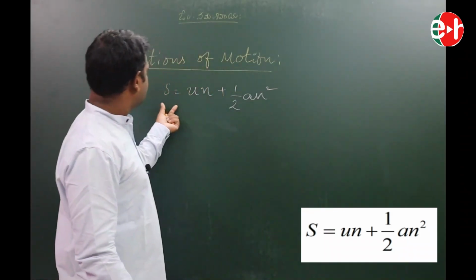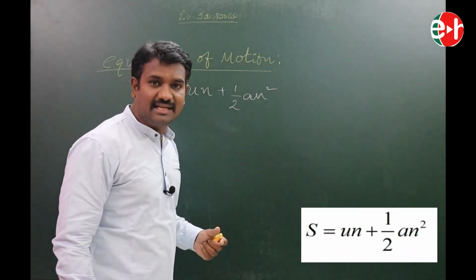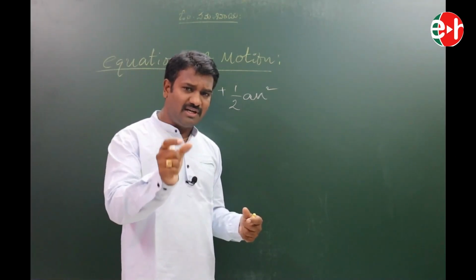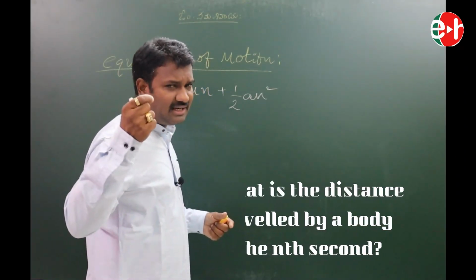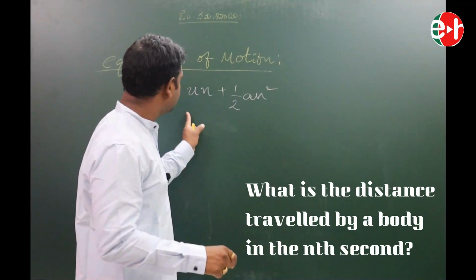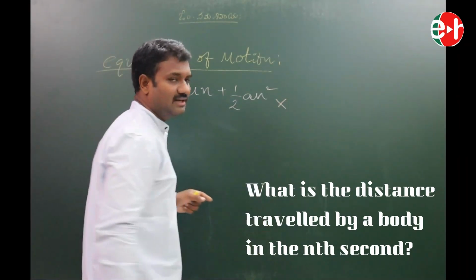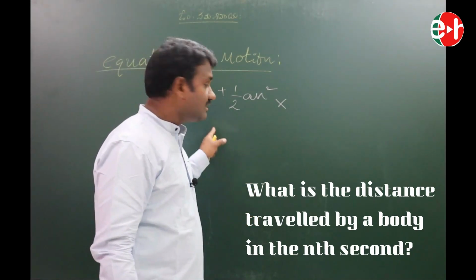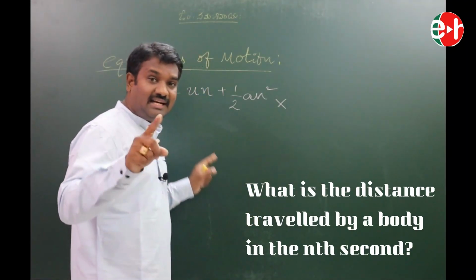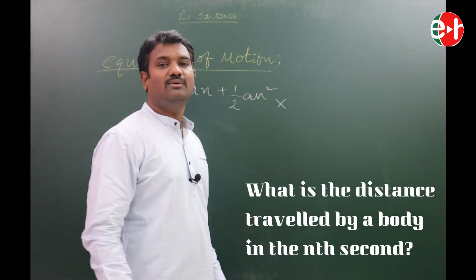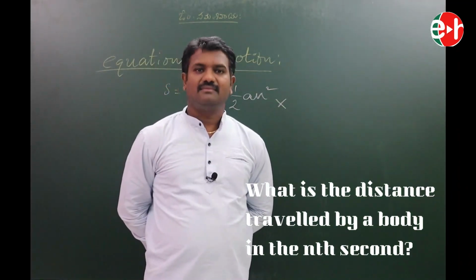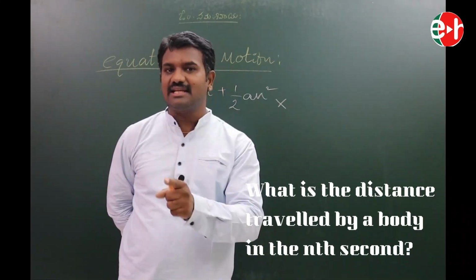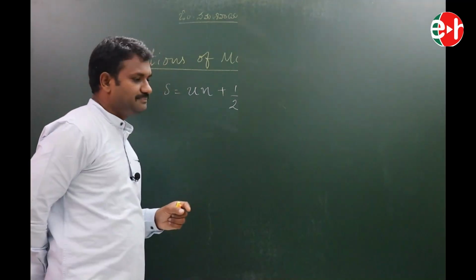Now my question is, what is the displacement of the body, or distance traveled by the body in a particular second, nth second? This is not the formula for displacement of body in nth second. This is the formula for the distance traveled by a body in n seconds. Now, how to arrive at the formula to get the displacement of body in a particular nth second? Today we are going to see.